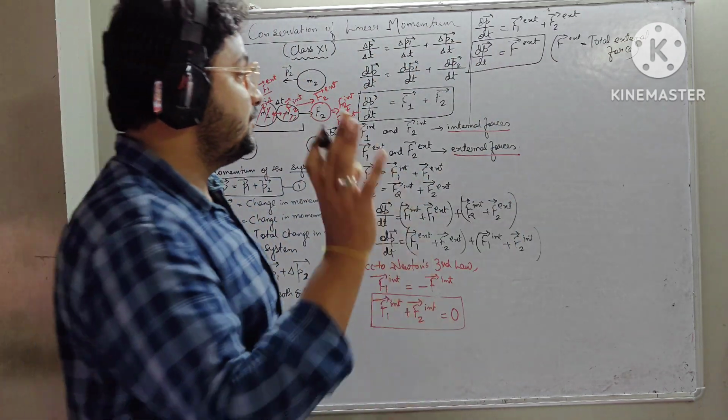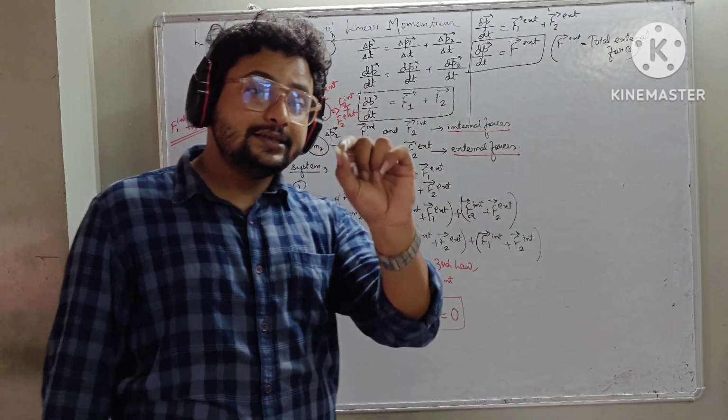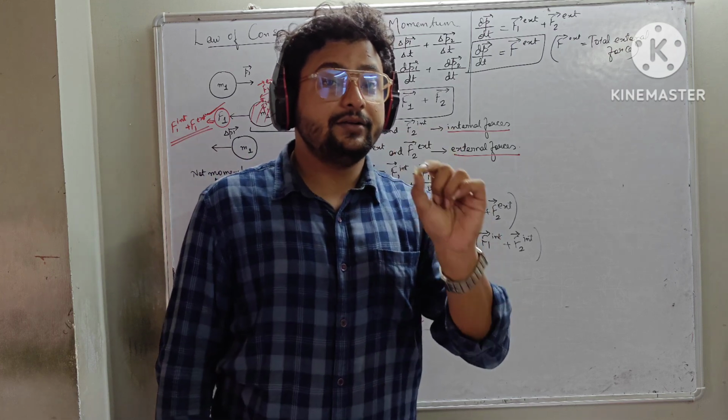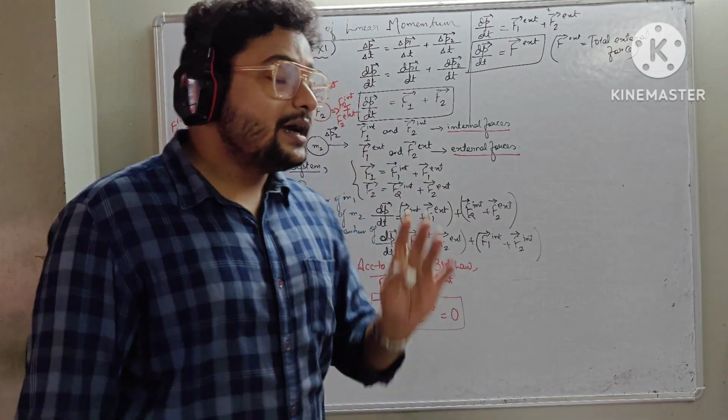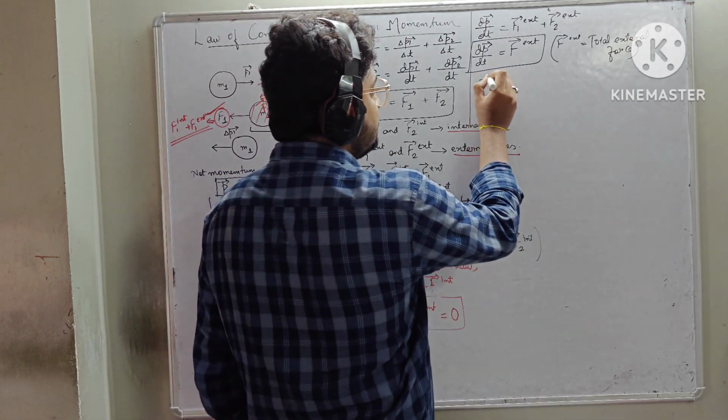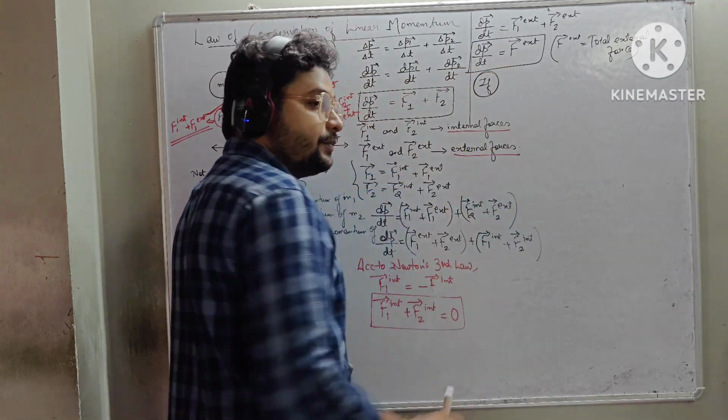Now one very special condition, and this is the particularly important line of this law of conservation of linear momentum. If I consider from here, this word if is very important.